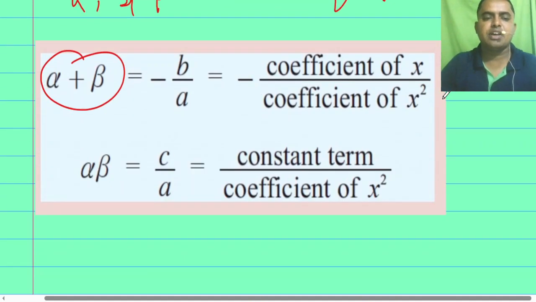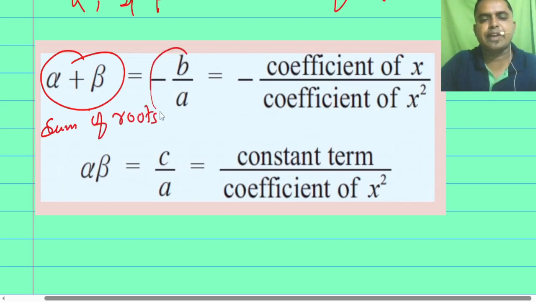The sum of the roots, alpha plus beta, is minus b by a. Here b is the coefficient of x, and a is the coefficient of x square.